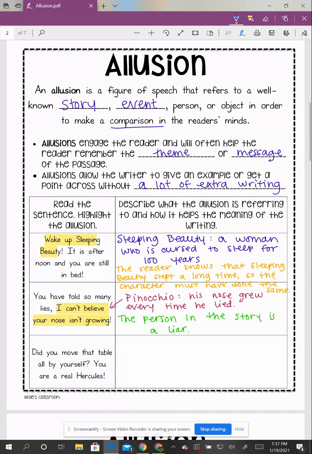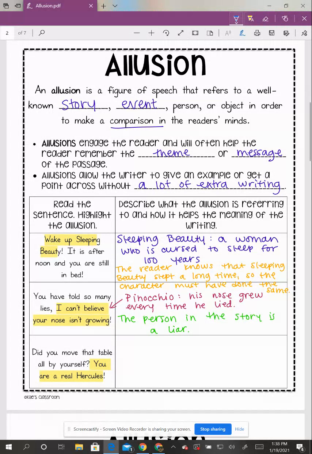Did you move that table all by yourself? You are a real Hercules. What do you think here is the allusion? You should have chosen you are a real Hercules because it references a particular character.